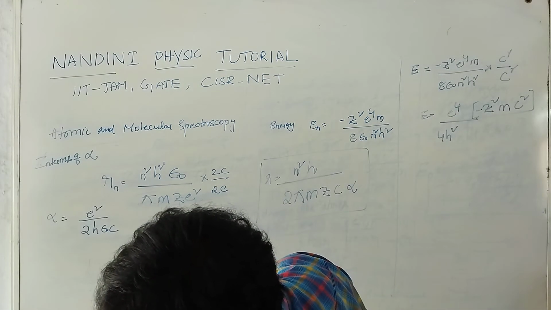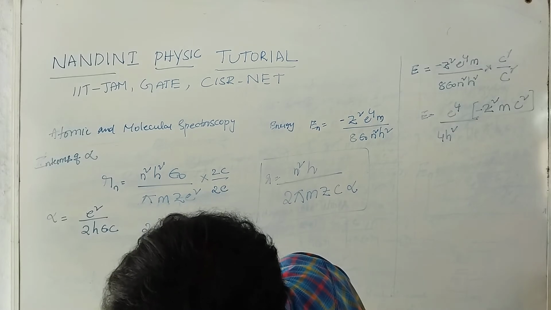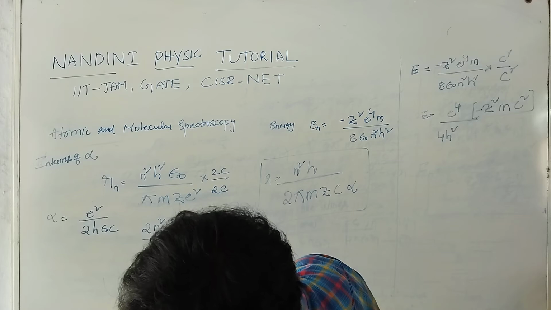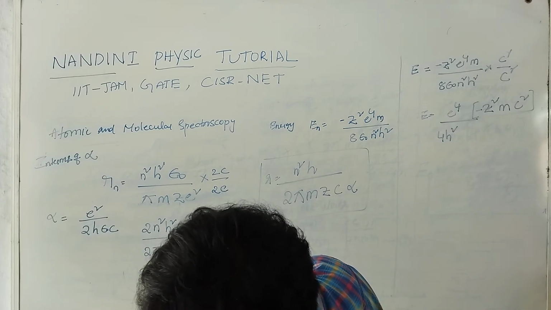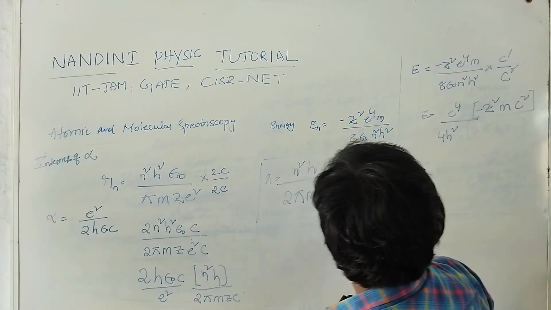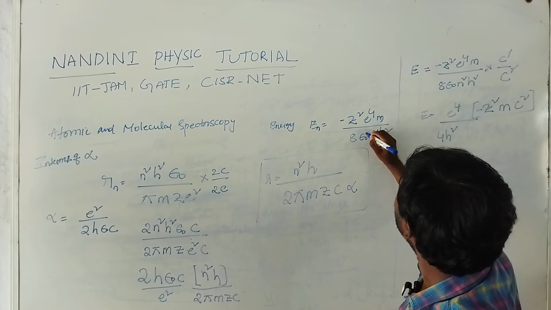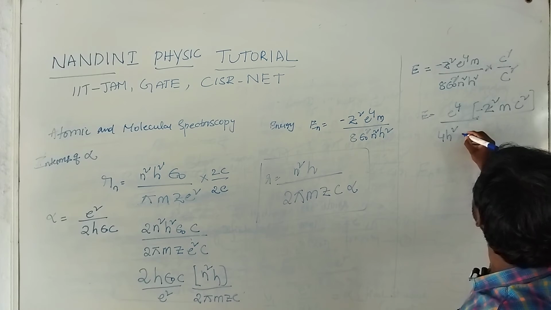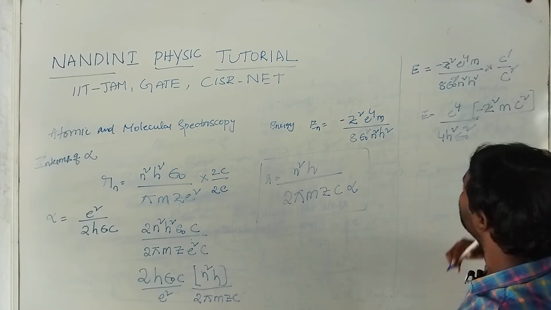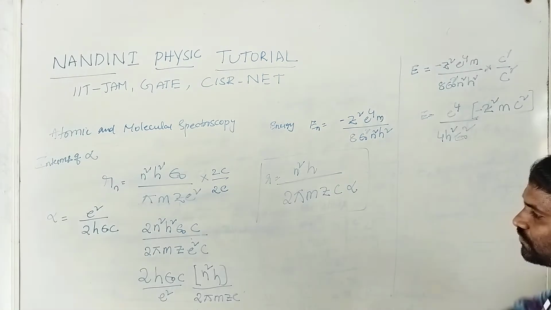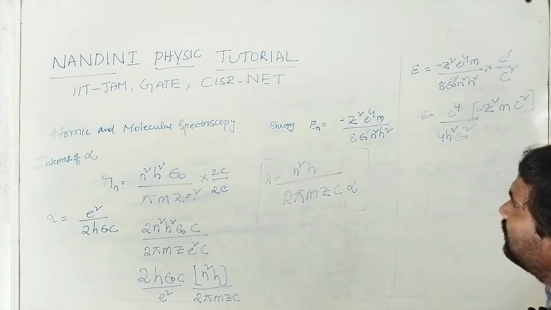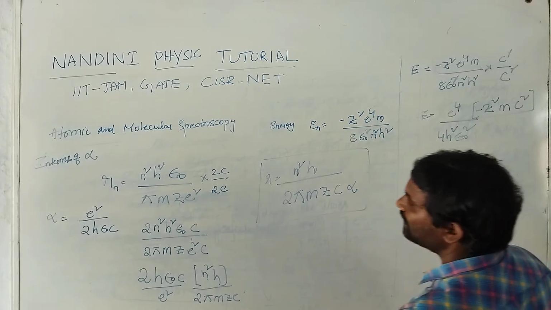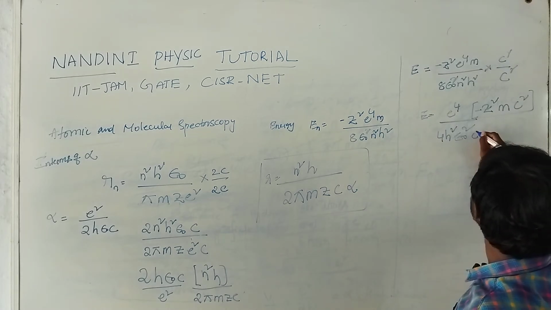Once again I wrote a mistake there. Actually this is epsilon naught square, I made a writing mistake. This is epsilon naught square, okay, epsilon naught square h square, and take c square also common.